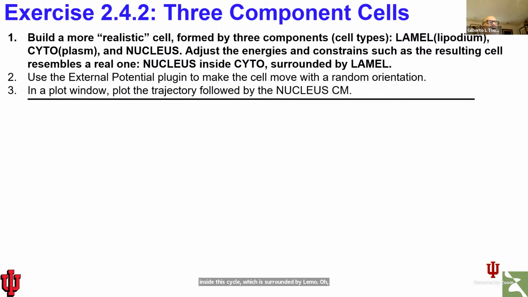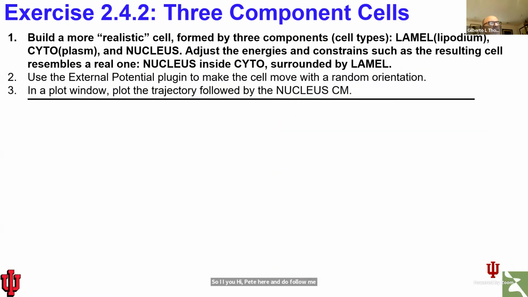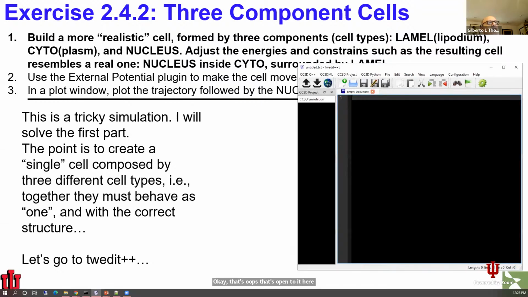This is the first part of the exercise. I think this one is complicated, so I will type it here and you follow me, okay? Let's open to edit here and build the simulation from scratch.